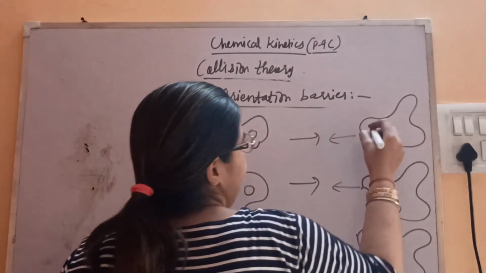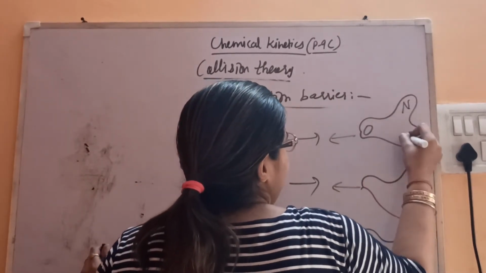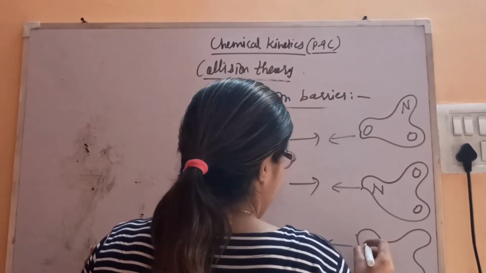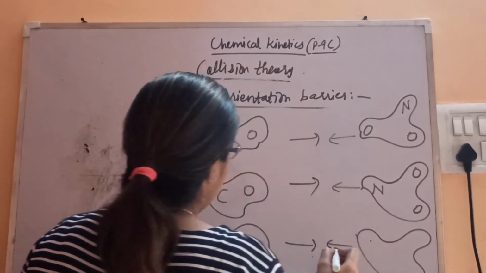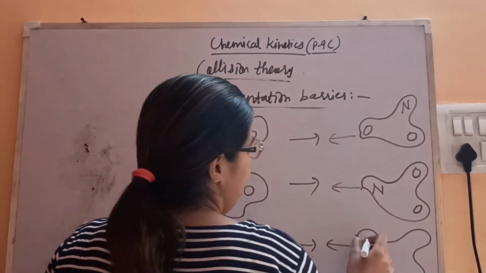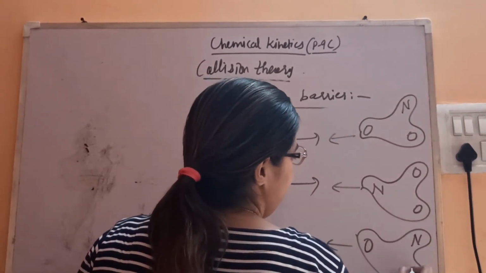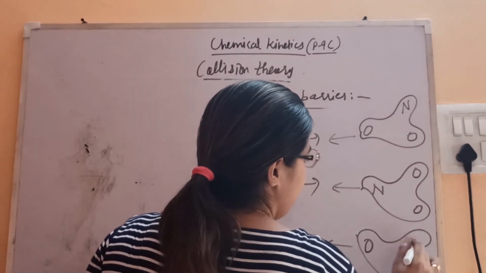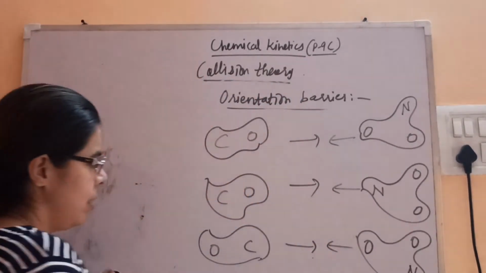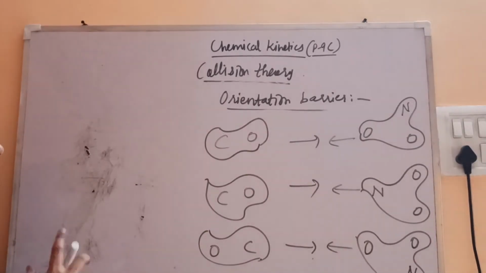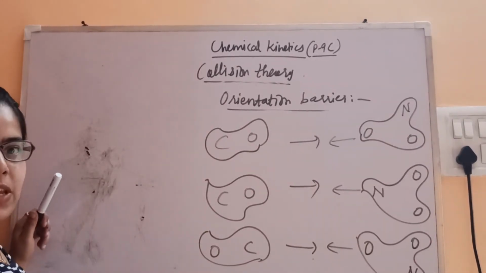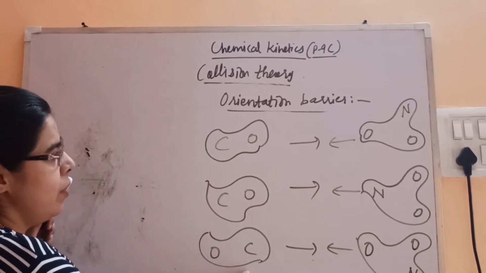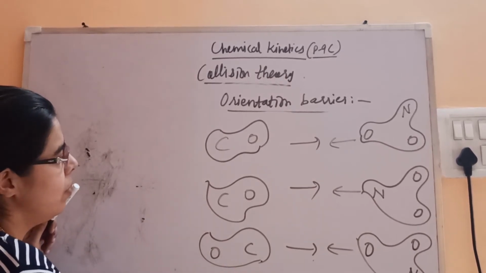Here O, N, O, N, O, O. Then O, N, like this. So let's see what we want. C from the CO and O from the NO2. Okay.